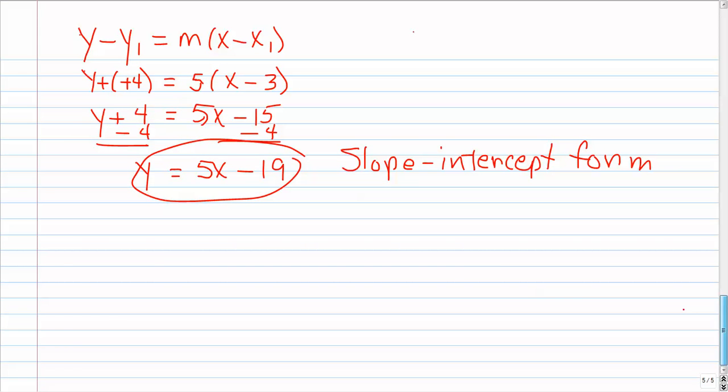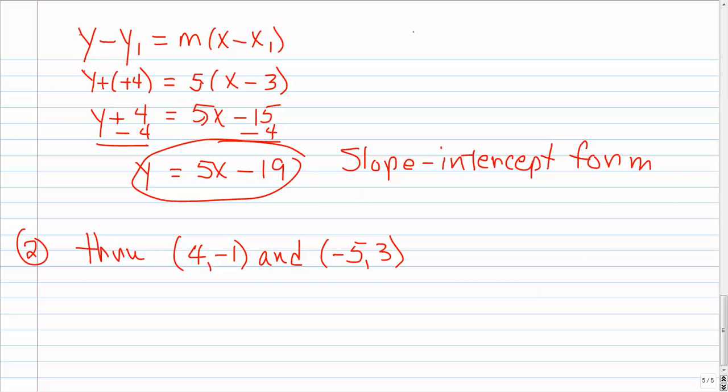Okay, let's do one more. We want to find the equation of the line, and this time I want to find the equation of the line through 2 points. So let's say we want to find an equation of the line through the points 4, negative 1, and negative 5, 3.